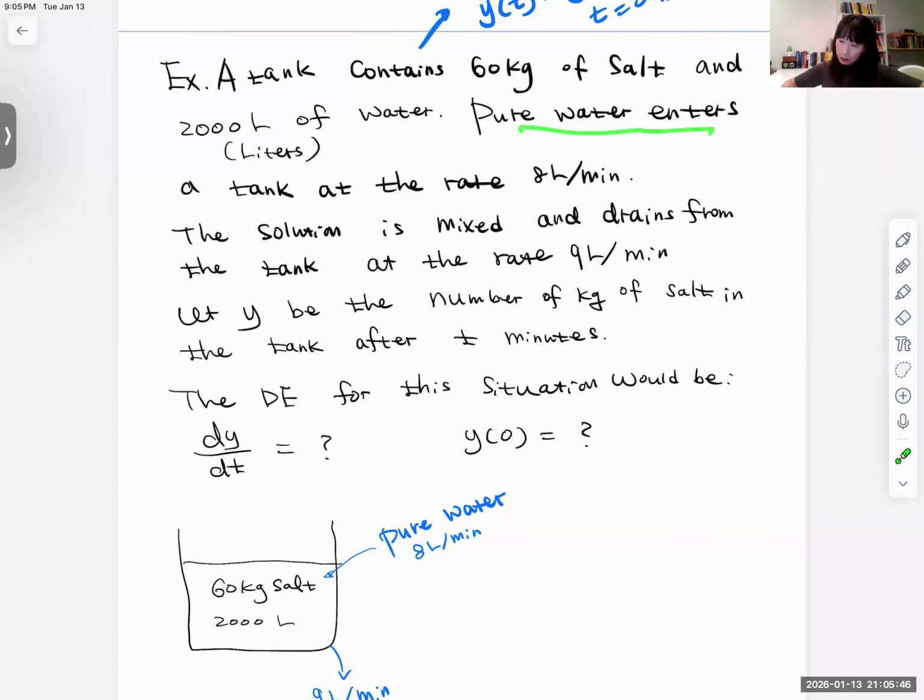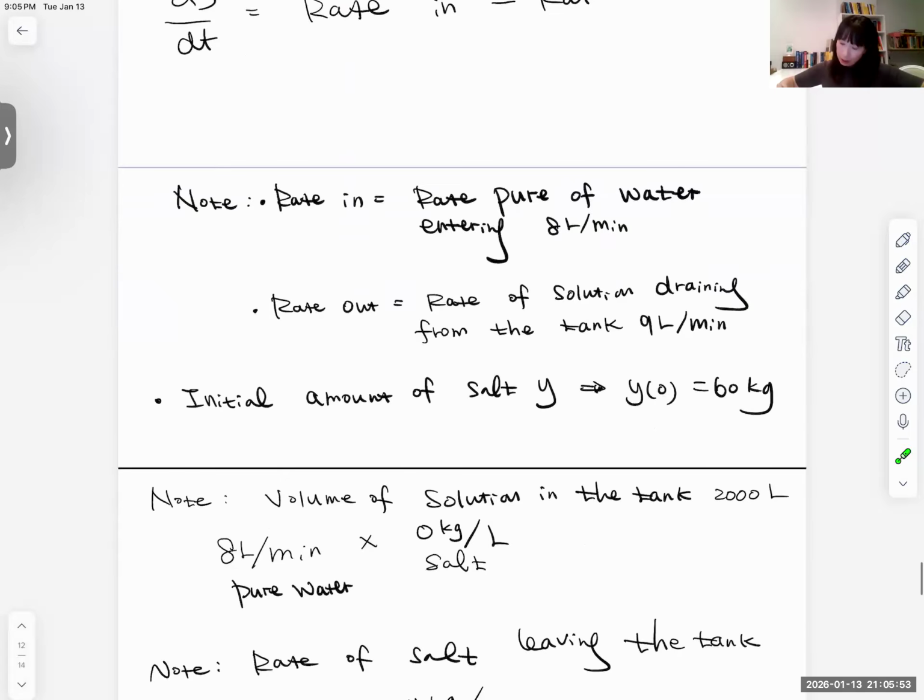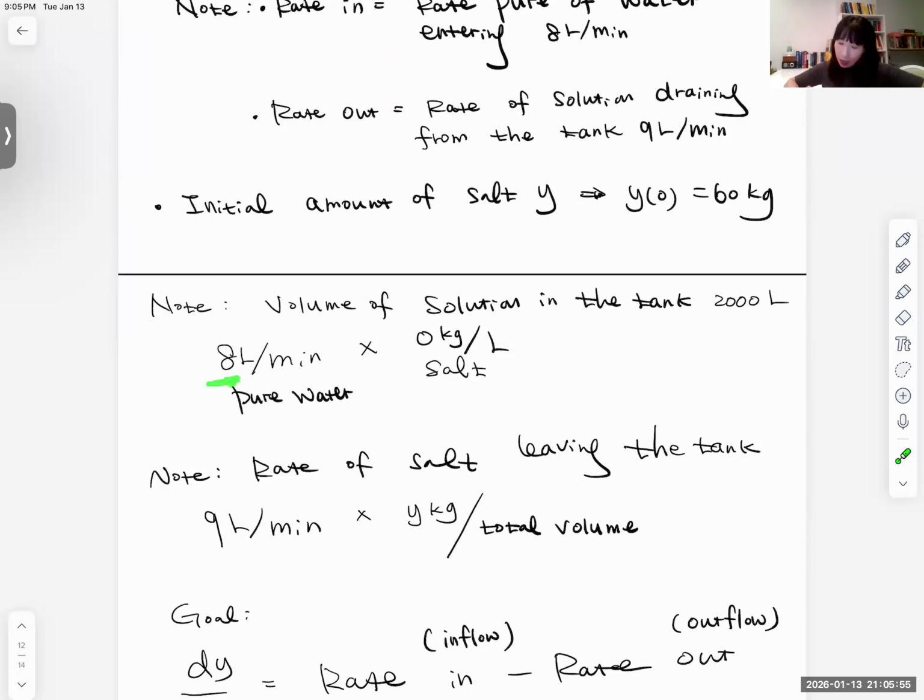And then pure water enters at 8 liters per minute and drains at 9 liters per minute. The 8 liters per minute is pure water. What about the salt? I should not say that we don't know. It is zero salt because it's pure water. So we wrote down 0 kilograms of salt per liter.